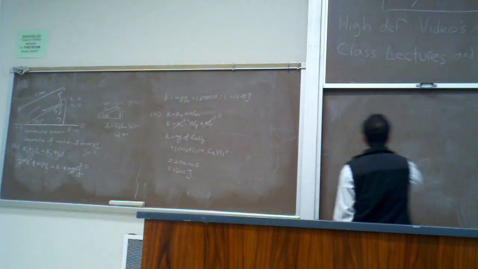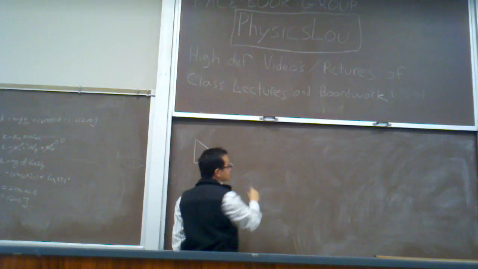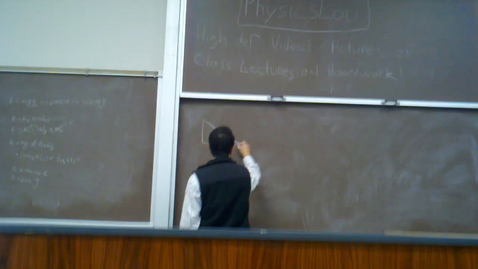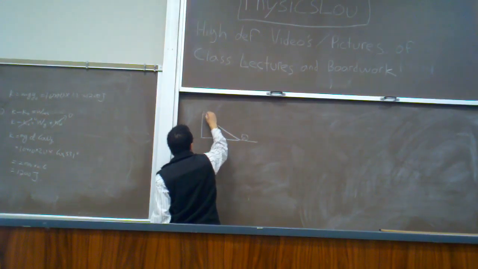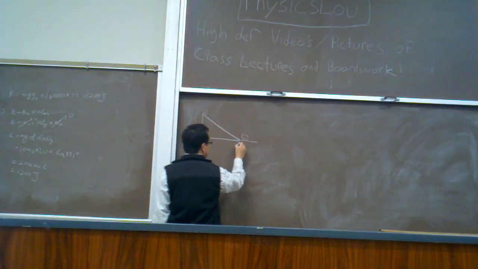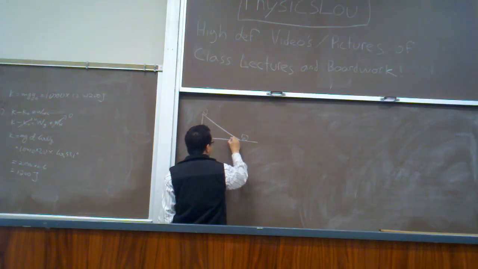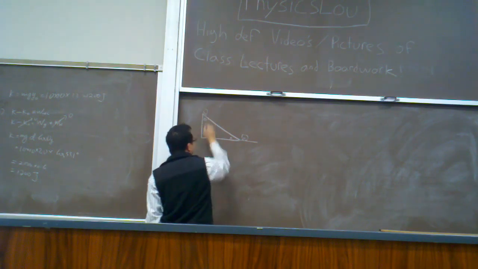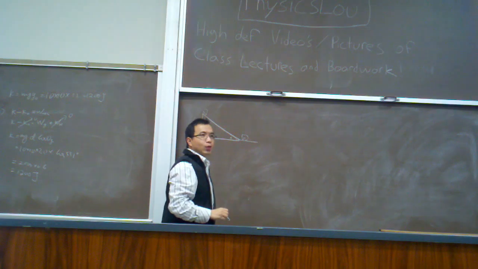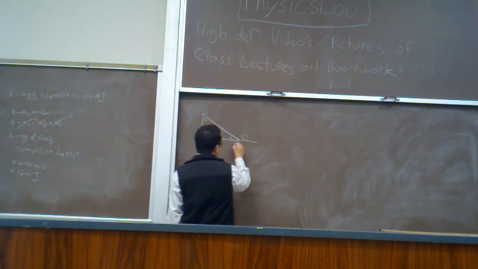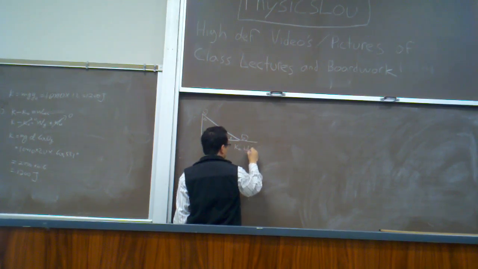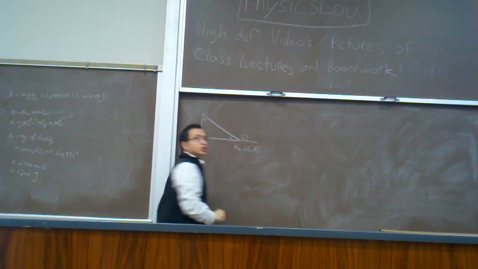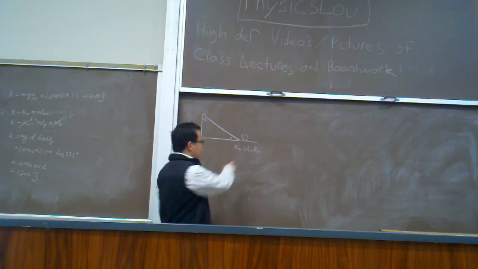So now, what happens is that you have a ramp and a cart that starts from here and finally reaches here. So this is our initial state A, and this is our final state B. In part A, we are going to calculate the kinetic energy, potential energy, and mechanical energy at the initial state, so K naught, U naught, E naught.